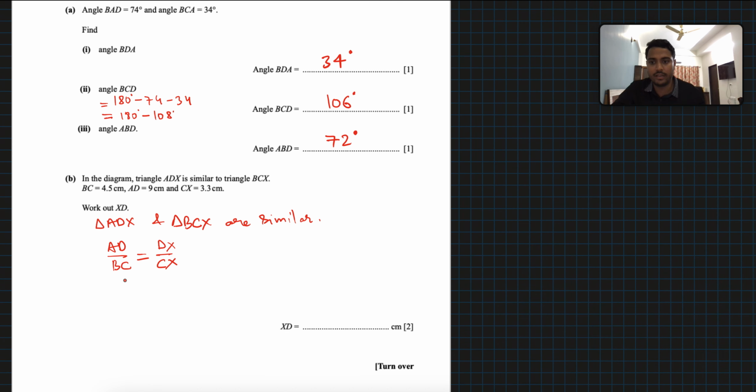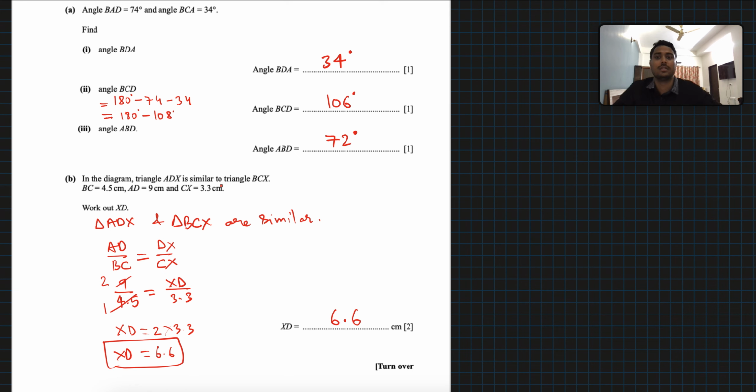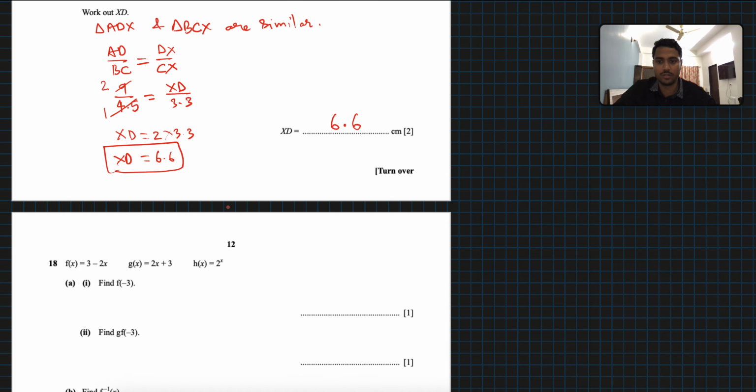We have AD as 9, BC as 4.5, XD we have to work out, divided by CX, which is 3.3. So we get XD equal to 2 into 3.3, which is 6.6. So XD is going to be 6.6 centimeters. Let's move on.